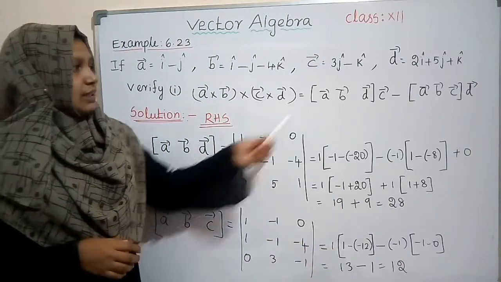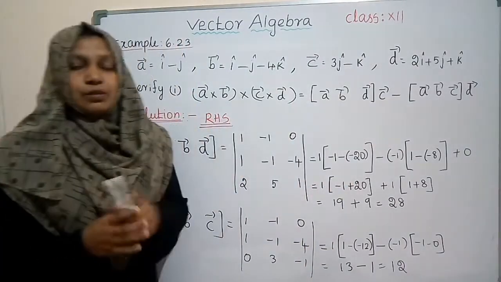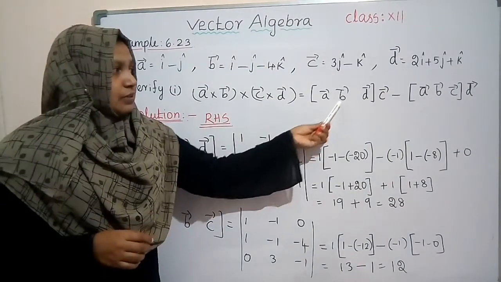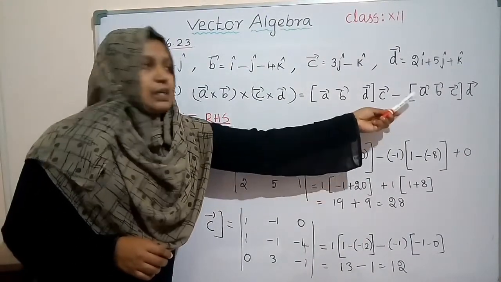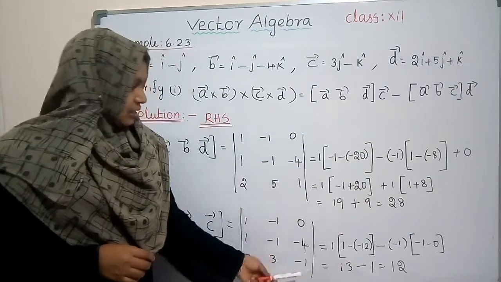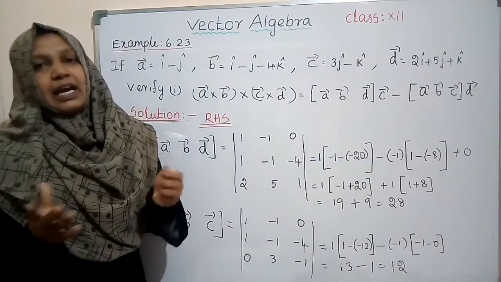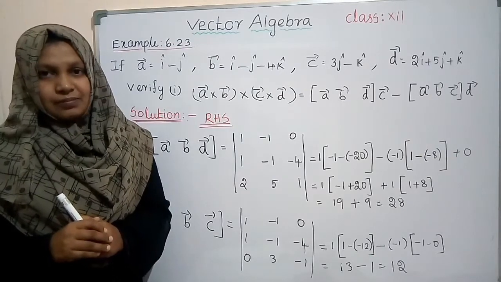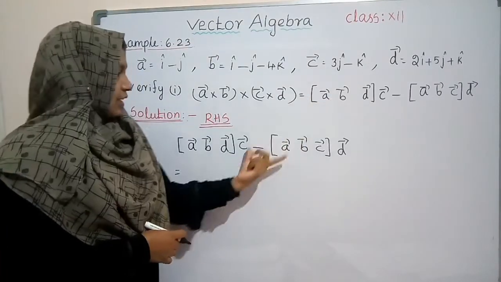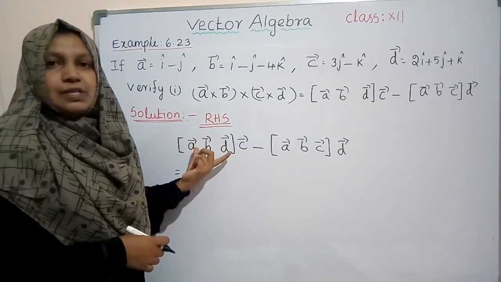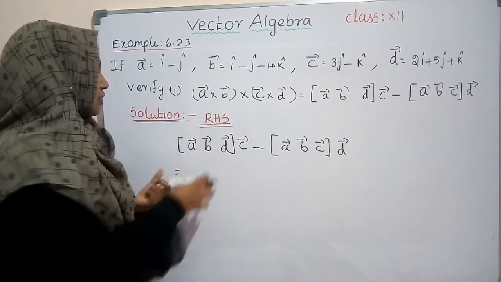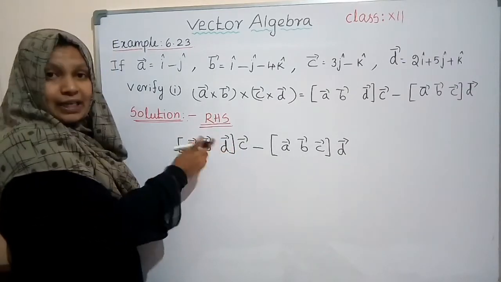So after finding these two box products, what should you do? Multiply this number with c vector. Again multiply this a vector, b vector, c vector value, that is 12, with d vector, and then subtract. Consider the right side value and we are going to substitute it. First one, the box product, we got 28.